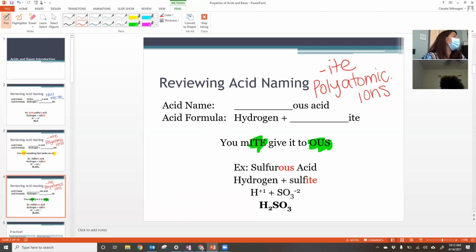Now we had far fewer of these. We had nitrite, sulfite, chlorite, hypochlorite. That might be it. I feel like there's probably one more, but not many. So, a shorter list. But again, notice it's sulfurous acid instead of sulfous.